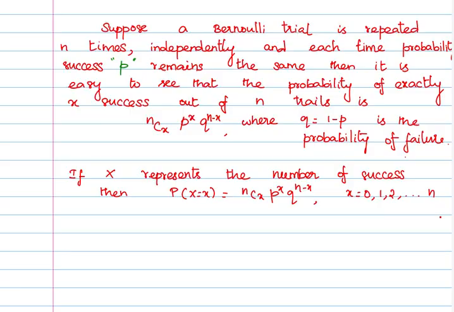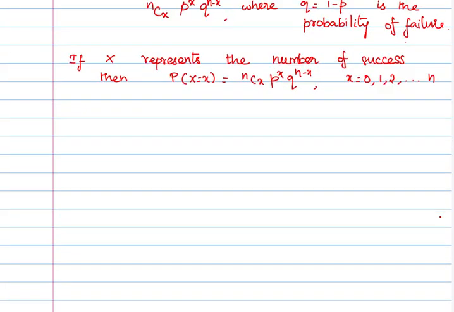So this is the probability we have to find. Now we are going to define the probability mass function of the binomial distribution.